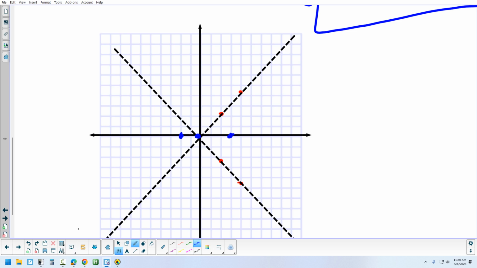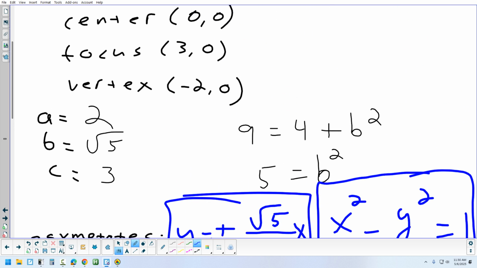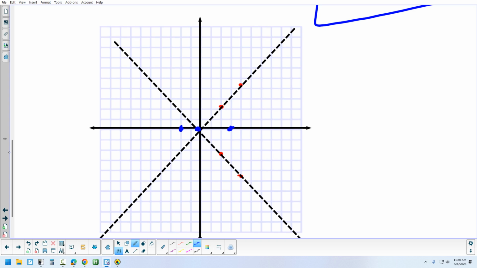And then I did the same thing going down. A little more than 2 units down, right 2. What that X shape gives me is kind of the boundary of where my branches are going to go. The branches are always going to be across from each other vertically in that X shape. In this case, are they going to be across from each other horizontally or vertically? Which way?